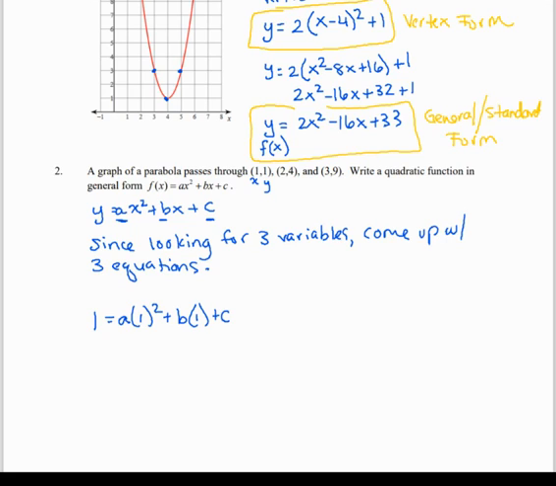So we have a 2 and a 4. 4 is my y value, so plugging in 4 for y: 4 equals, we don't know a. Our x this time is 2. We don't know b, but our x is 2 still, and we don't know c. Now I'll use my third point. Plug in for y, it's 9. We don't know a. Plug in for x, it's 3.